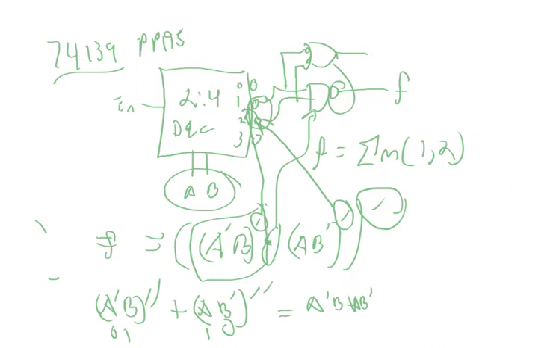And that's that. So here's an interesting question from homework number 5. Do decoders give you all the product terms for a given function?